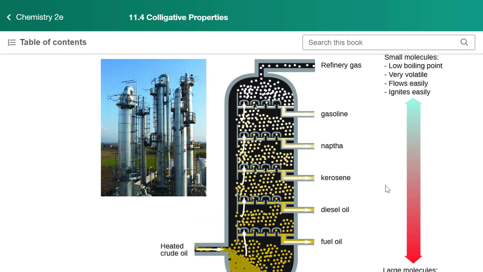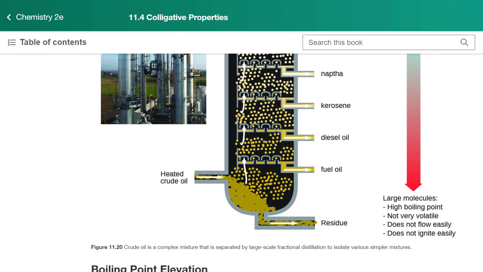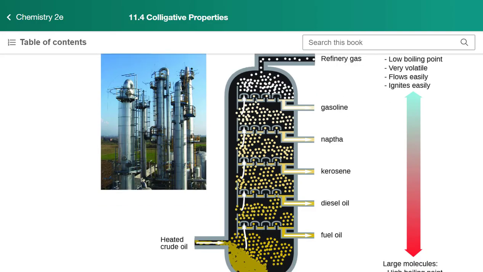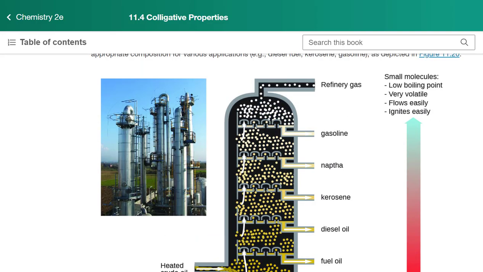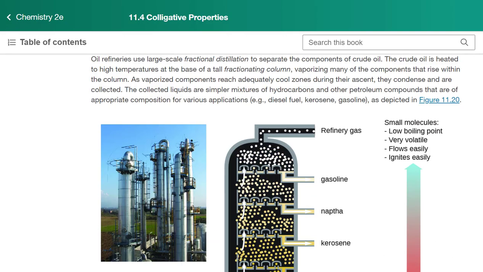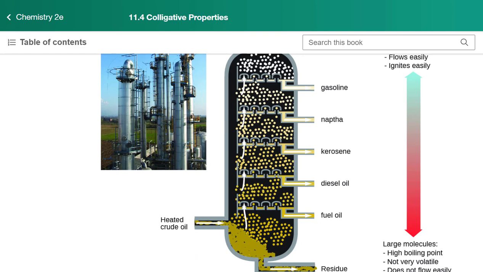So gasoline versus kerosene, diesel, other things, and the difference here is basically related to their boiling points. So you get higher boiling things at the top, lower boiling things at the bottom. And none of these are actually necessarily 100% pure. So gasoline is not a pure substance.